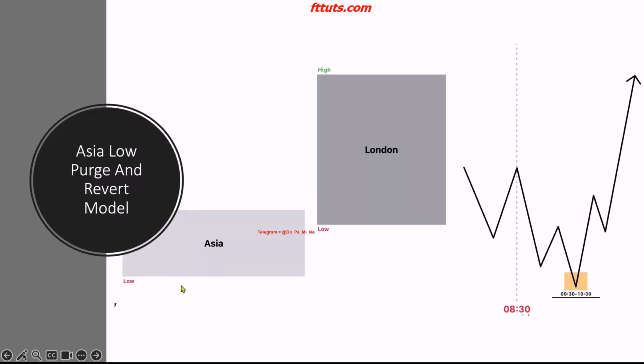We want to see the Asia low get reached between 9:30 to 10:30, and we will be looking for signs of a smart money reversal occurring below there during that time window. And if we see that order flow is shifting bullish intraday, we will first be targeting the London high, and after that the higher time frame objective that we are targeting.